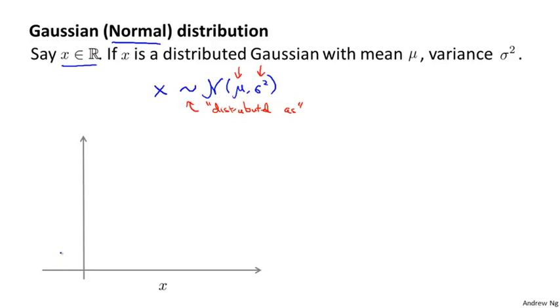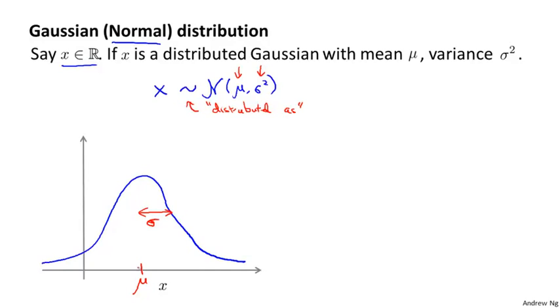If we plot the Gaussian distribution, the Gaussian probability density, it'll look like the bell-shaped curve, which you may have seen before. And so this bell-shaped curve is parameterized by those two parameters, mu and sigma. The location, or the center of this bell-shaped curve, is the mean mu, and the width of this bell-shaped curve, roughly that, is this parameter sigma, also called one standard deviation.